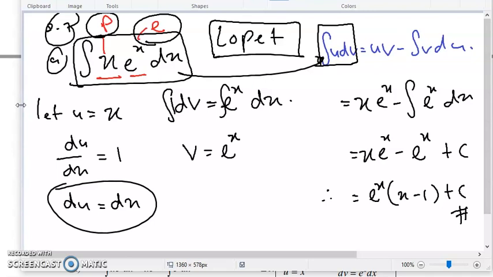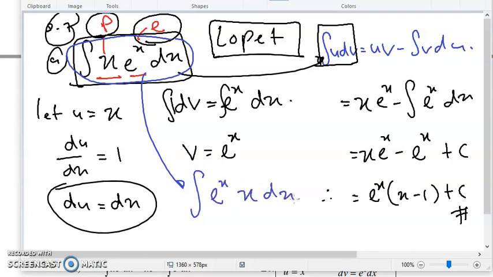Okay, so let's proceed. Before that, just some additional. Let's say having the same question here, the same integral, if you change the place of the functions here, let's say you'll be having e power of x times x dx.